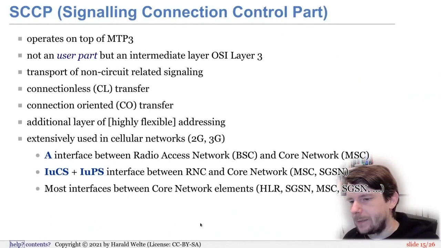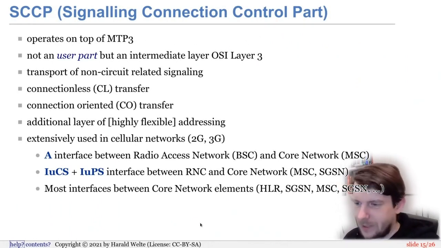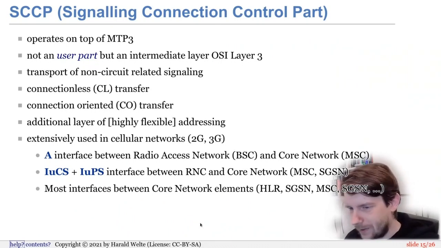There is, for example, the SCCP, the signaling connection control part, which operates on top of MTP3. So you have MTP1, MTP2, MTP3, and then SCCP on top. And as you will notice, it is not a UP, not a user part like TUP or ISUP, but it's an intermediate layer that represents the OSI model layer 3, the network layer.